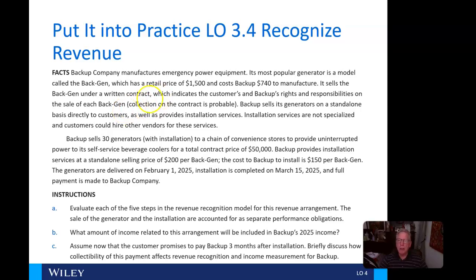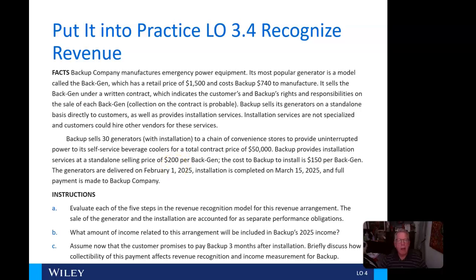Backup sells 30 generators with an installation to a chain of convenience stores to provide uninterrupted power to its self-service beverage coolers for the total contract price of $50,000. Backup provides installation services at a standalone selling price of $200 per unit.